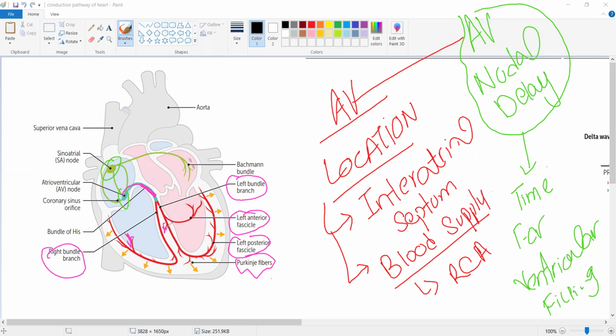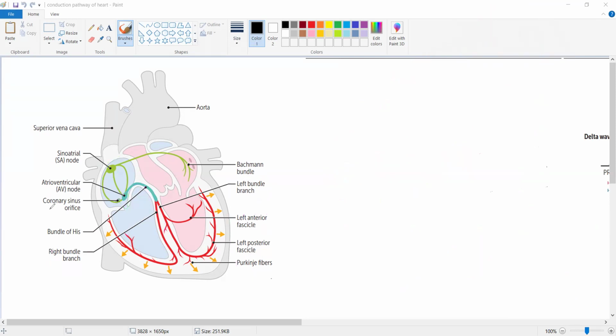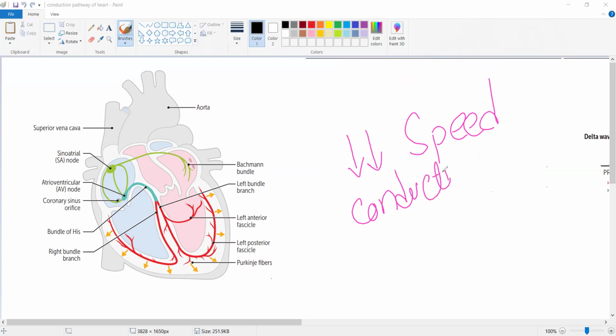Which part of the heart has the slowest speed of conduction? The AV node. This slowest conduction leads to the AV nodal delay, which is important for ventricular filling.